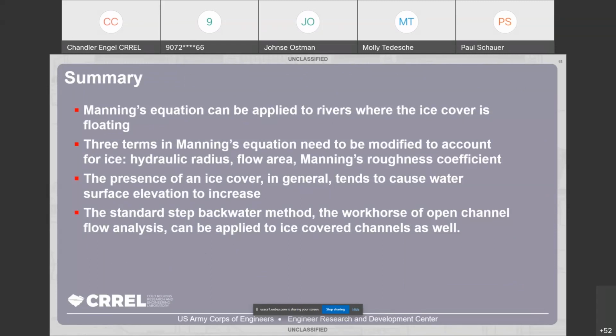Hopefully you got a little bit of the takeaway that we can use some of the same tools that we use for open water equations. We just make some adjustments to some of the input parameters to account for ice, and we can use that in a step backwater framework similar to how we would in an open water case.